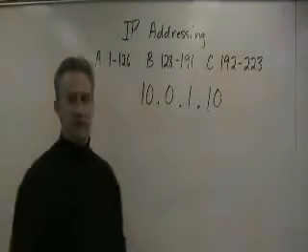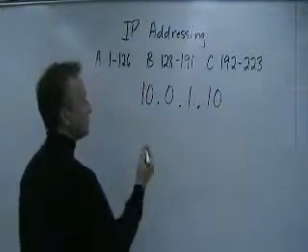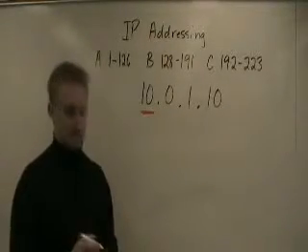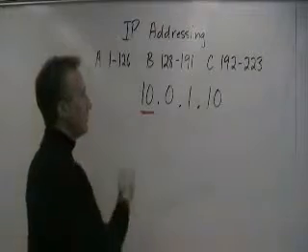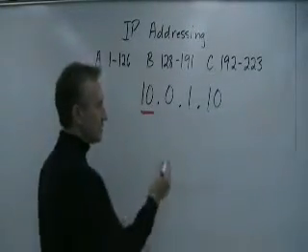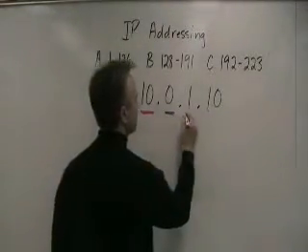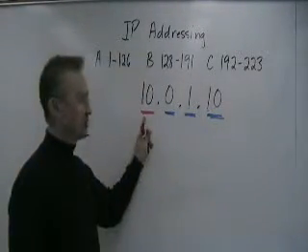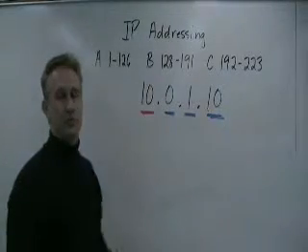The network portion of this address is the first octet, and only the first octet. The remaining 3 numbers, or 3 octets, identify a particular host within this 10 network.